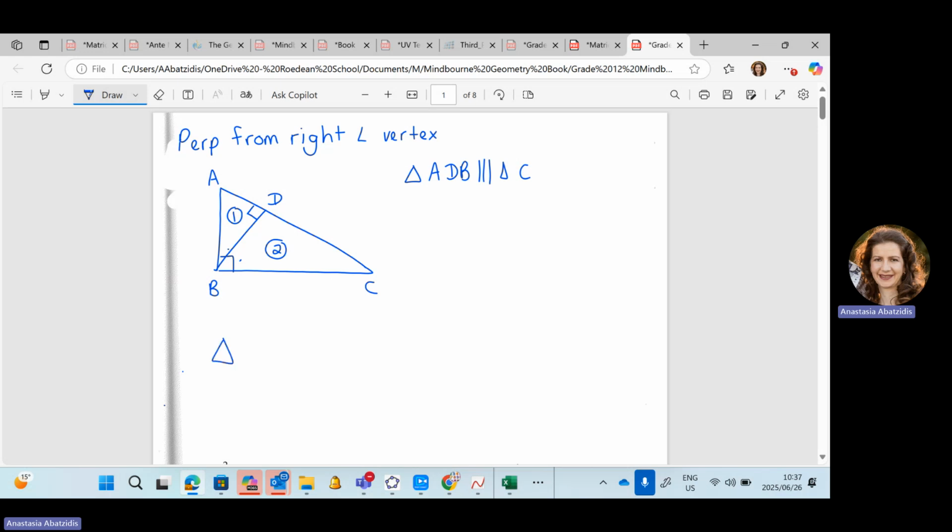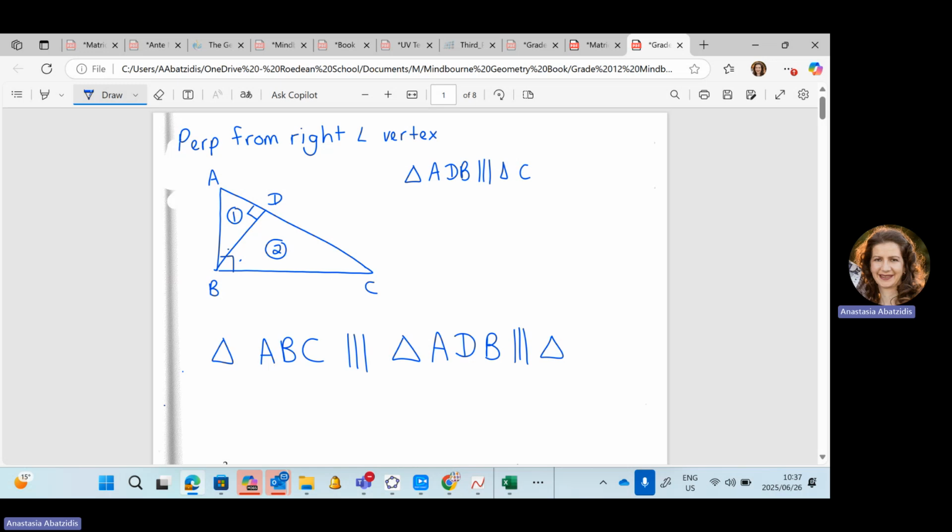Let's take the big triangle. I'm going to go A, B, C. Triangle ABC is similar to the little one. I'm going to start at A because A is common. Then I go to the right angle and end off at B, and that is similar to triangle CBD... CDB.